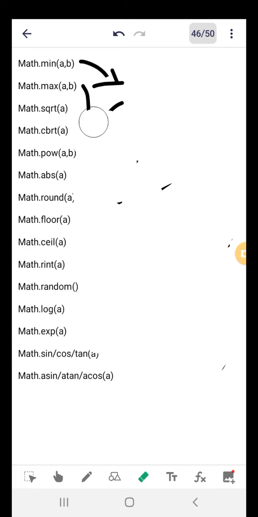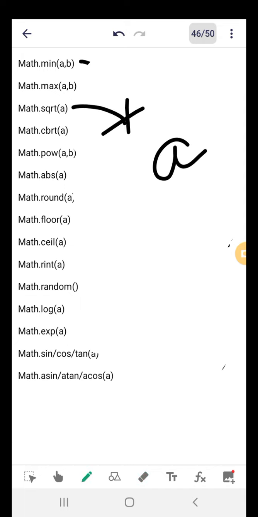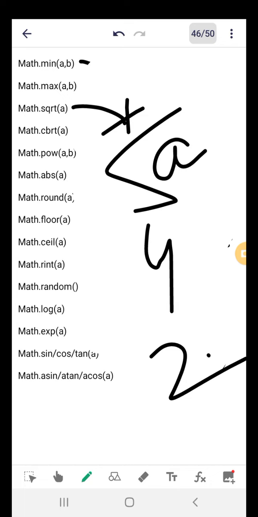Now Math.sqrt, you can understand, square root. Math.sqrt(a) will return the root of a. If a is 4, it will return 2.0.